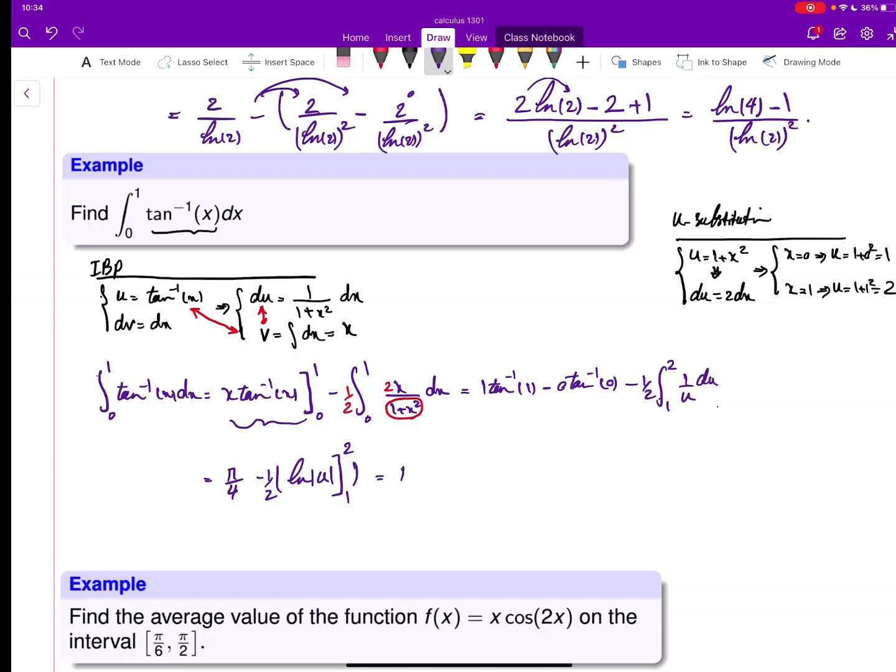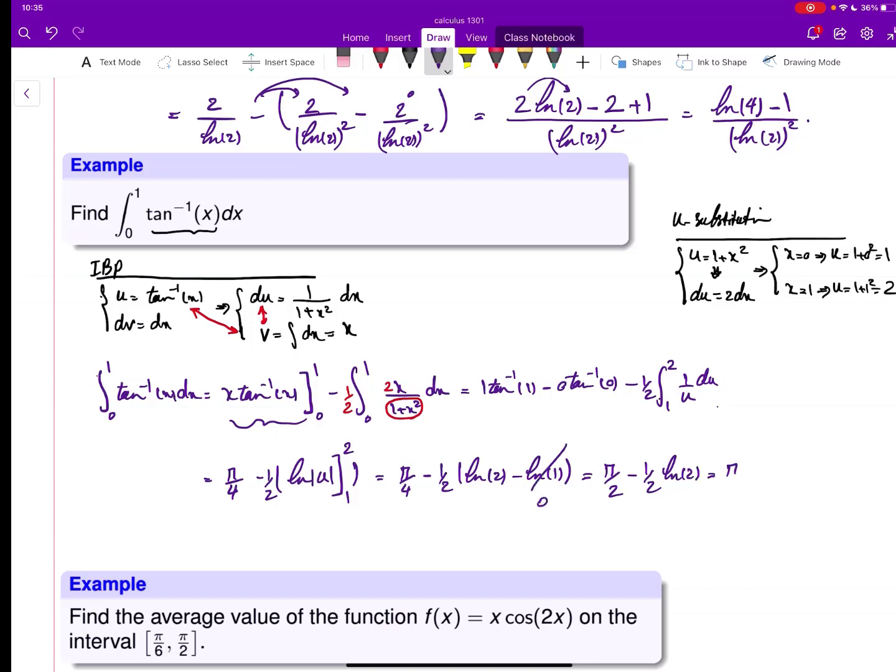And that will give me pi over 4 minus half of ln 2 minus ln 1, yes? And that is what we were looking for, half of ln 2. Ln of 1 is 0.